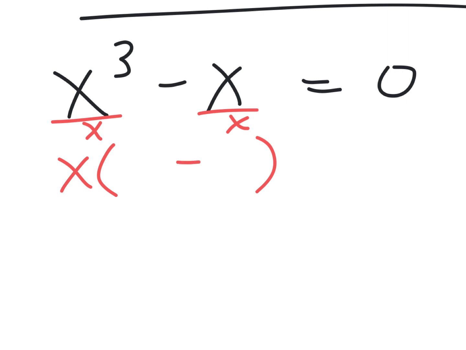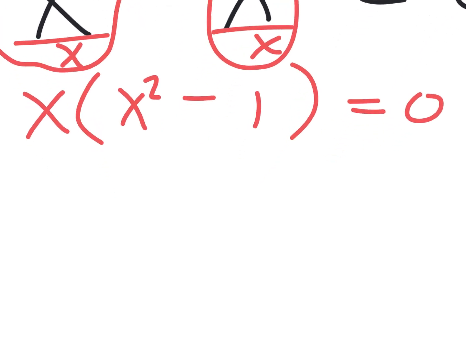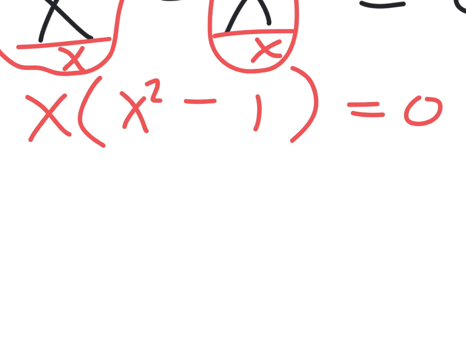Of course, there's a minus in the middle. Bridger, what do you think is left when I divide this by x? X squared. Yep, and this one? 1. Yep. I factored it, but I haven't factored it all the way yet. This part can be factored again.